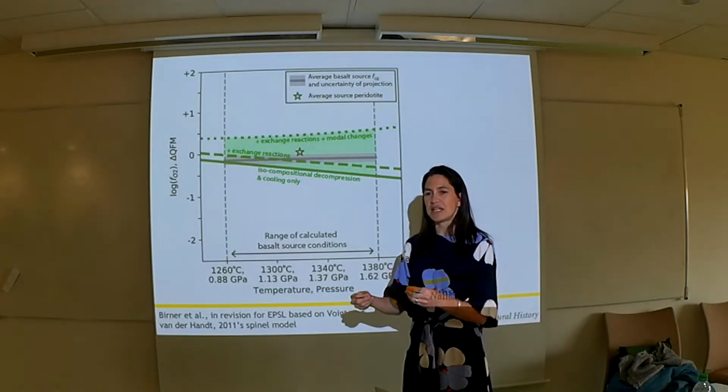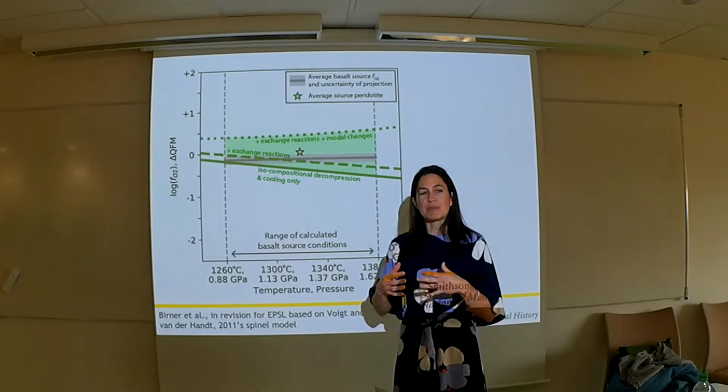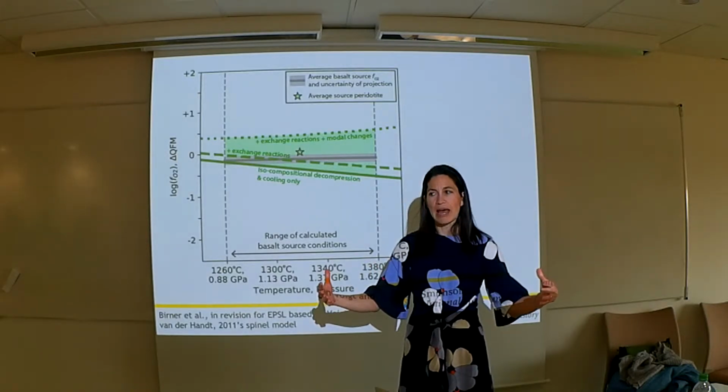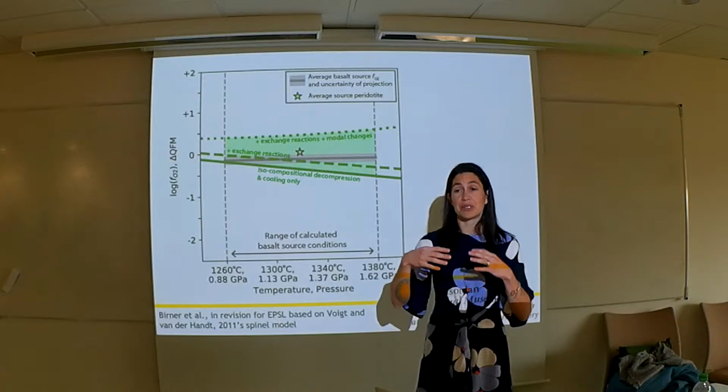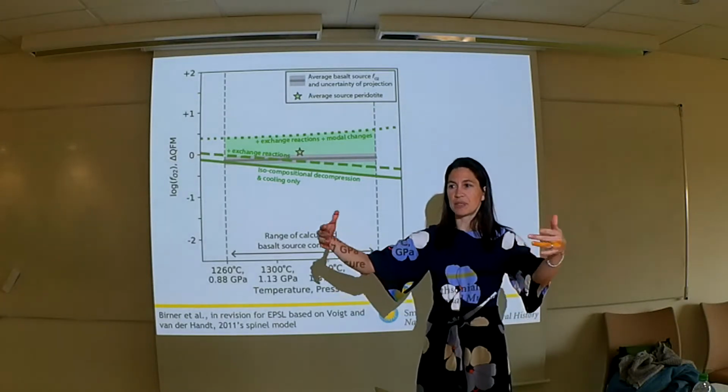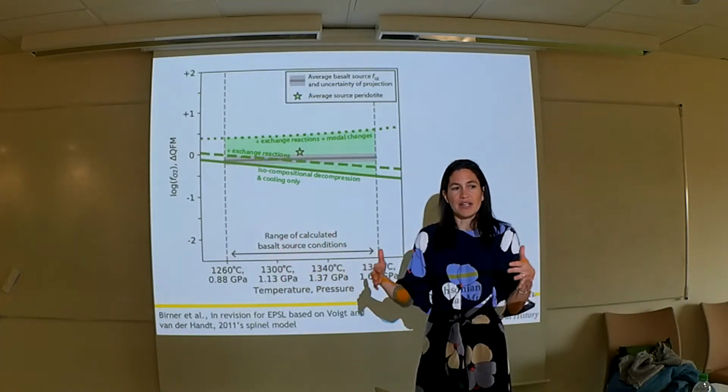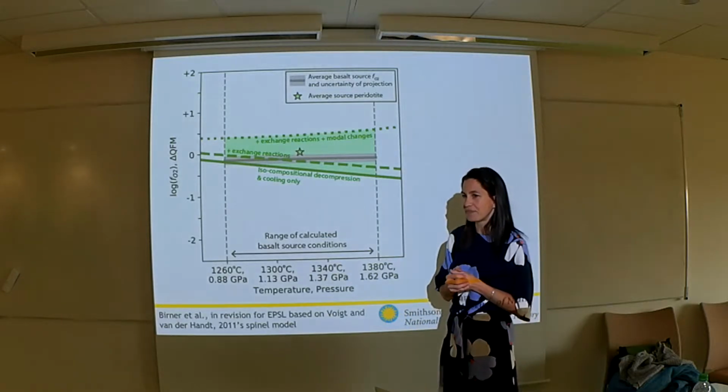As you cool and decompress, spinel will grow at the expense of olivine and orthopyroxene. So as pressure and temperature decrease, more and more spinel is growing, olivine and orthopyroxene becoming less.